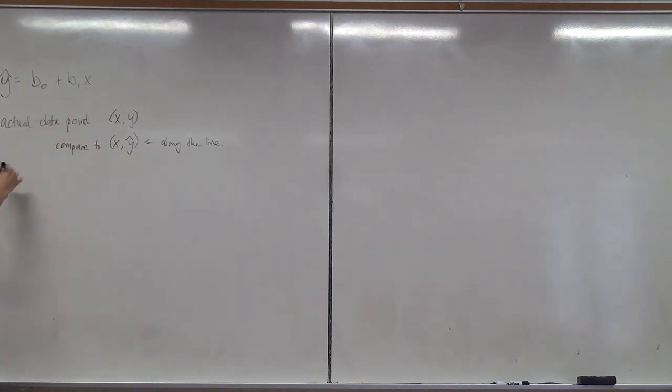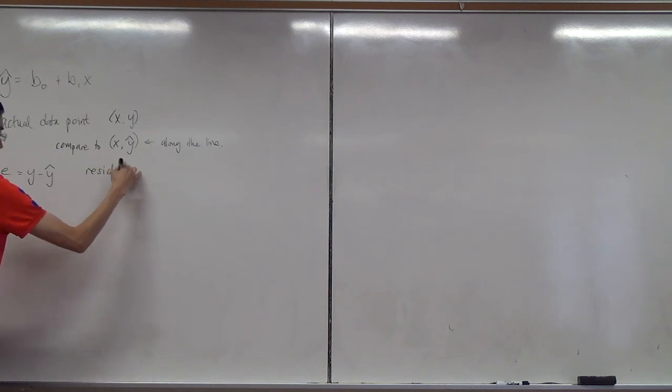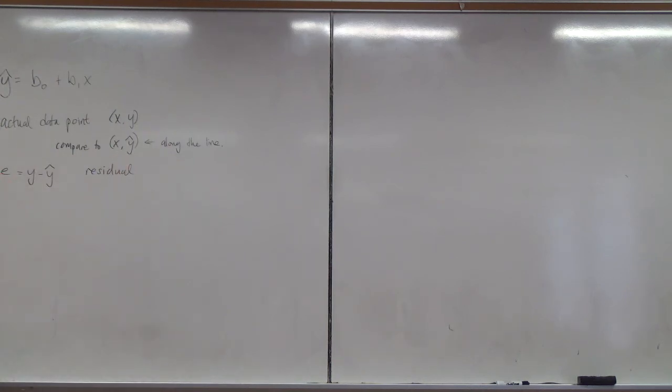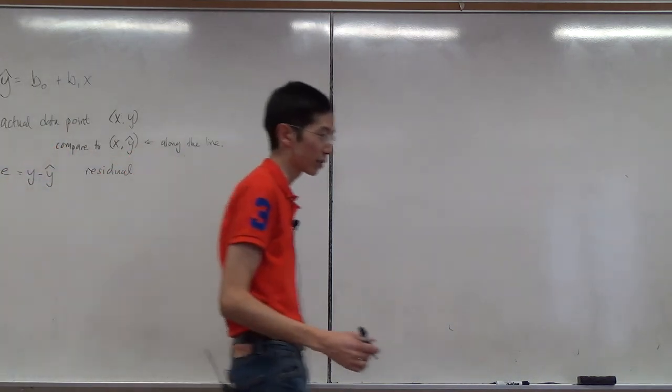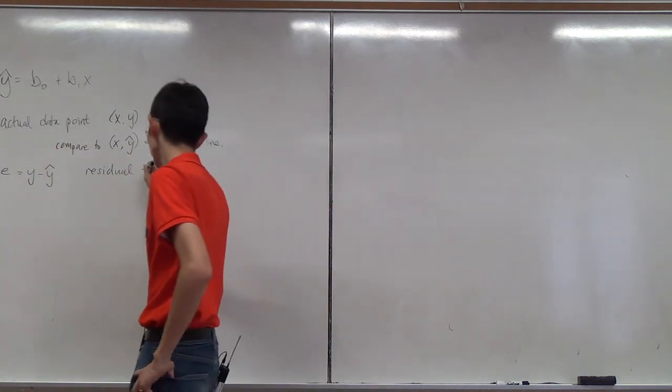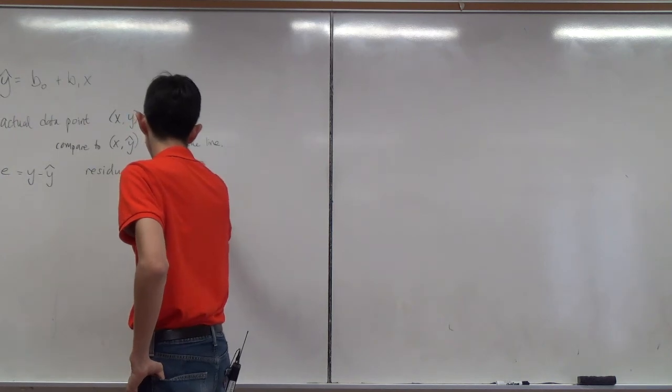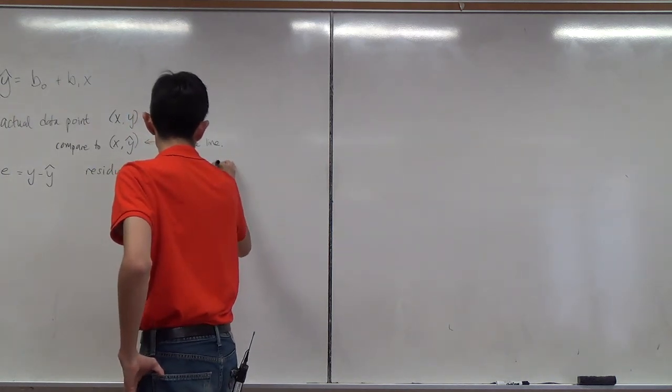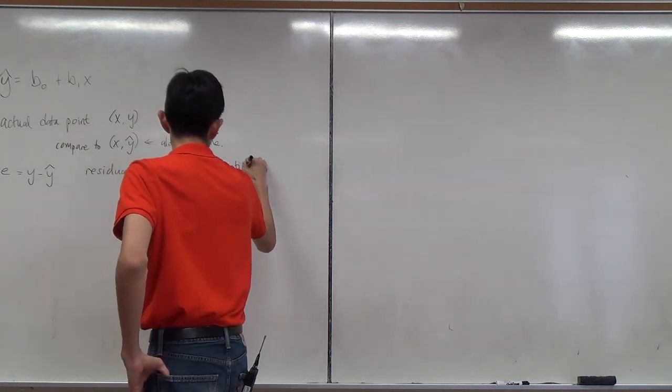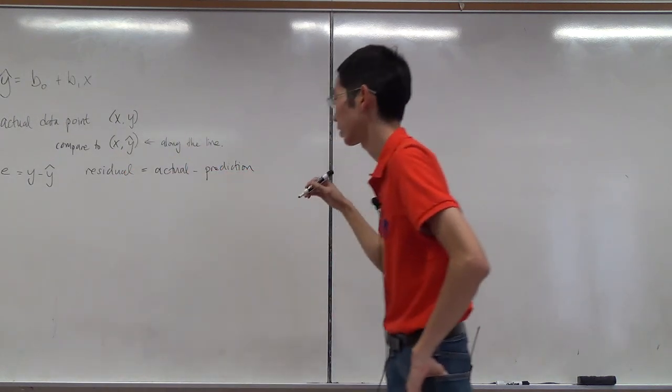The difference between y minus y hat is what we call the residual. It's the difference between the actual data point versus our prediction for the data point. So the residual is equal to the actual minus the prediction.